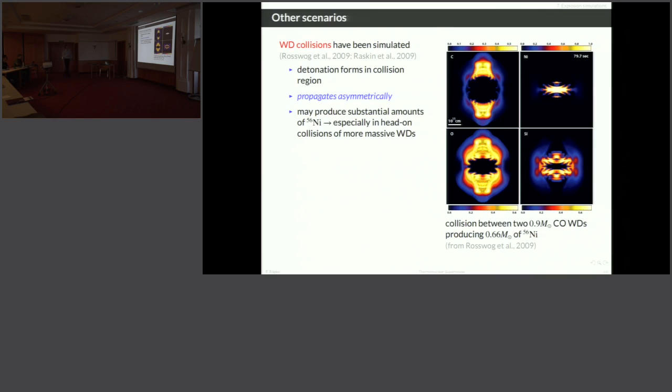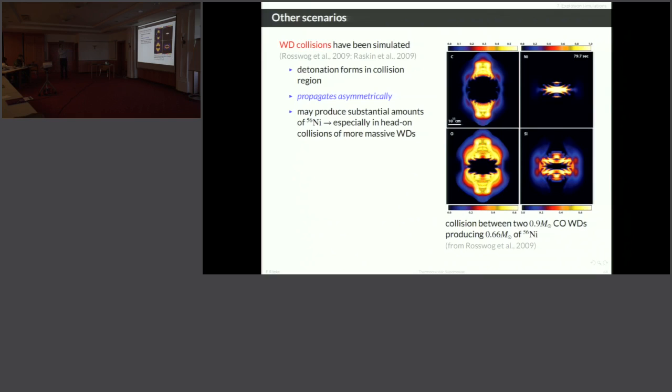What both groups found is that a detonation is likely to form in the collision region. However, it propagates asymmetrically, and if you have a head-on collision of sufficiently massive white dwarfs, say on the order of 0.9 solar masses or so, then you will also be able to produce a substantial amount of nickel-56. This is shown here from the simulation by Stephan Rosswog.